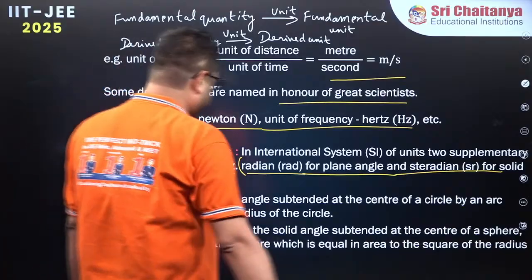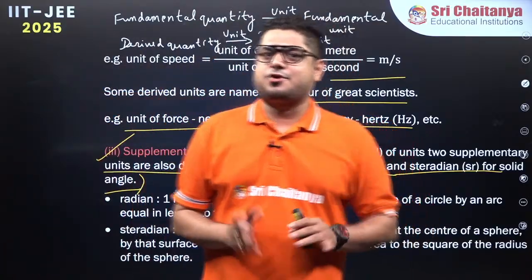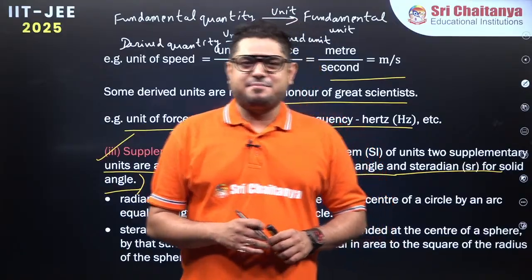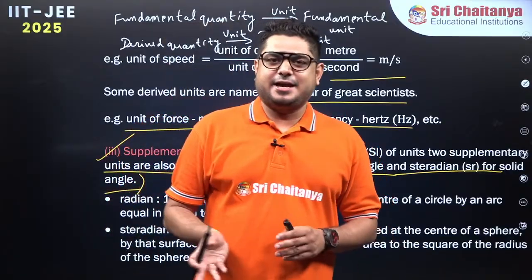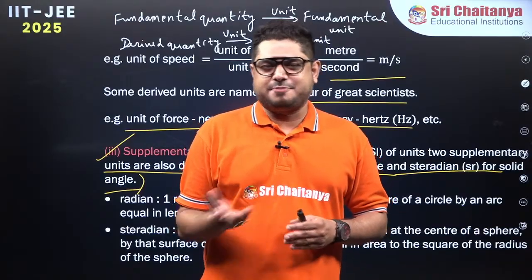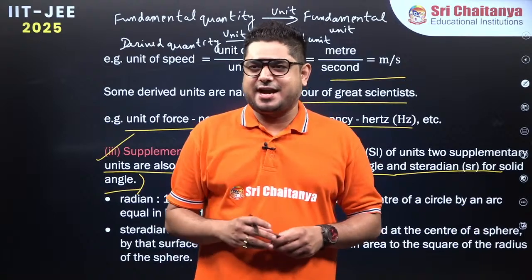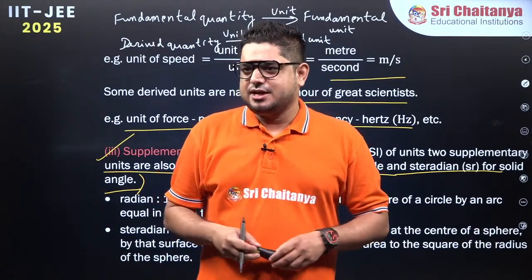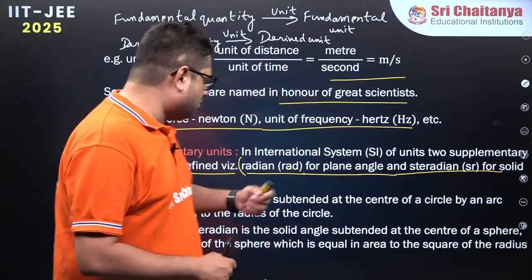We have been using radians in vectors and conversions: 60 degrees is pi by 3, 30 degrees is pi by 6, 120 degrees is 2 pi by 3 radians. We know the conversion.